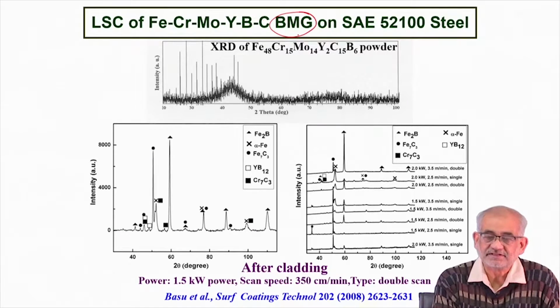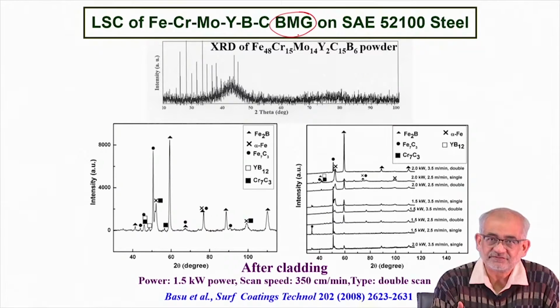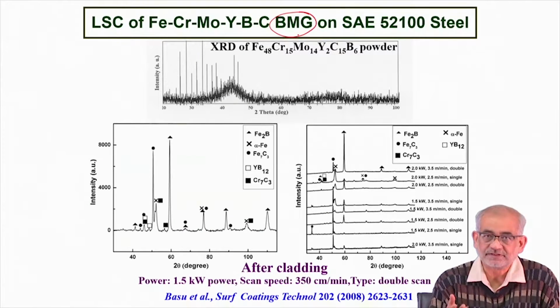So bulk metallic glass is a specially made alloy which, when cooled not necessarily under very rapid cooling conditions, unlike splat cooling where the solidification velocity could be 10 raised to 4 to 5 Kelvin per second, even with a few hundred degrees per second cooling rate.